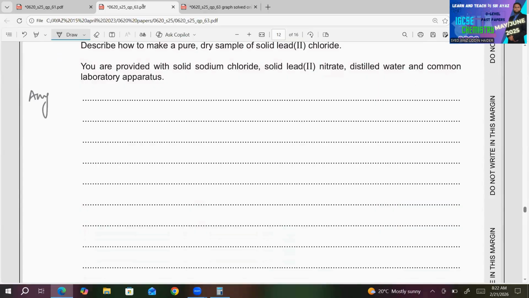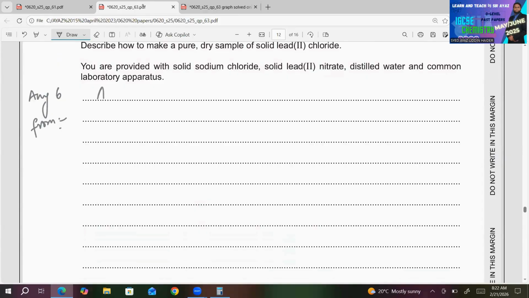So first of all, you have to add sodium chloride and lead nitrate to water. Remember, you have to name the container or instrument used from time to time in different steps.